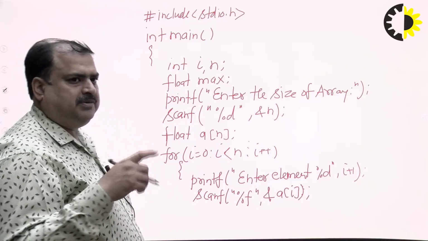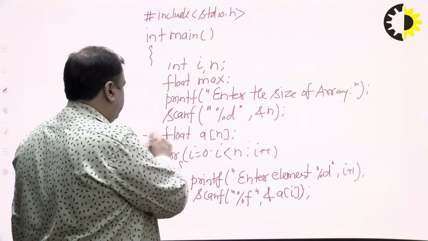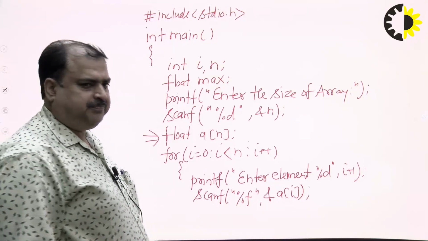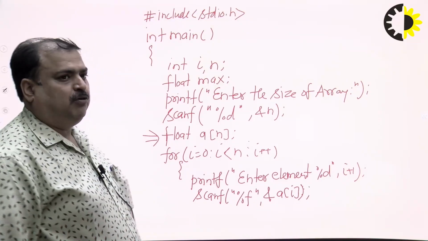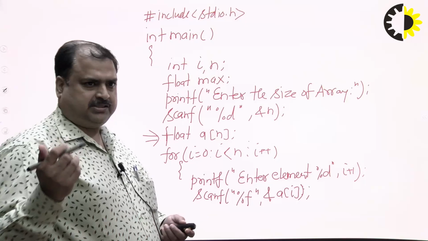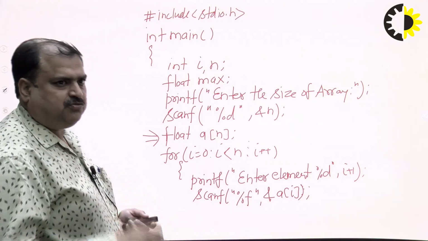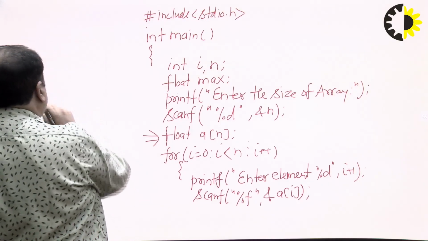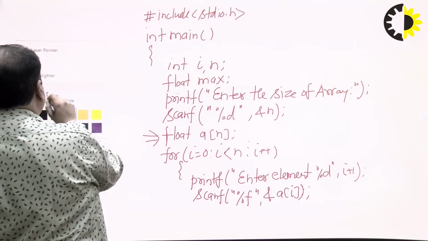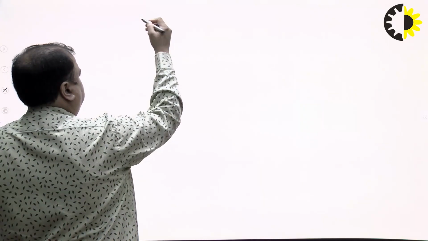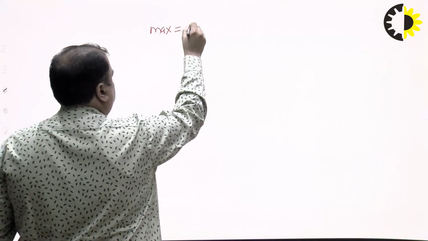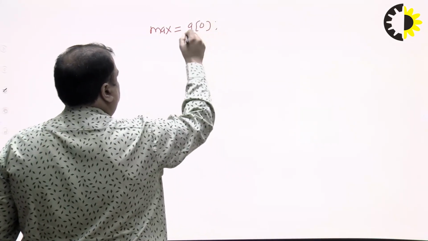So we have declared an array of the required size, then we read all the elements of the array here. Now I want to find out the maximum or the largest element in that array. For finding the largest element, first we can have max equal to a of 0.